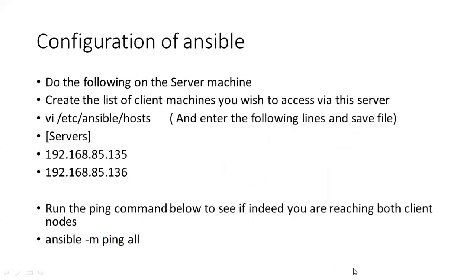Now coming to the inventory. If it is open source, you will mostly have an inventory at this location. If it is not open source, you need to refer to the documentation to find where the inventory is, and create it like this. For example, here we only have two servers, server 1 and server 2, and we grouped them under the name servers.